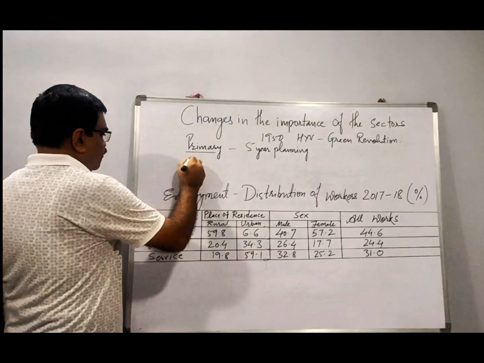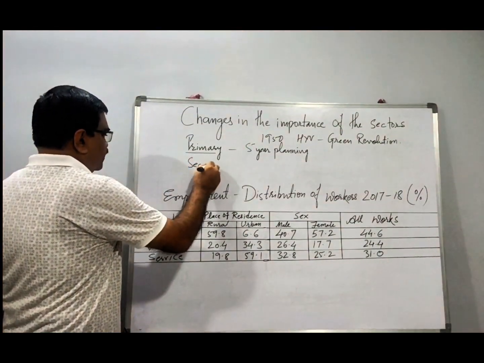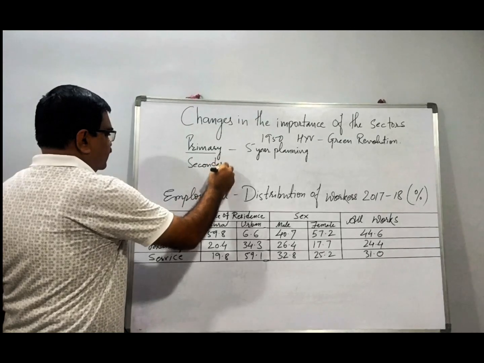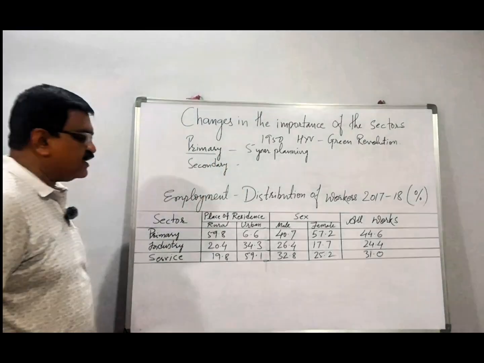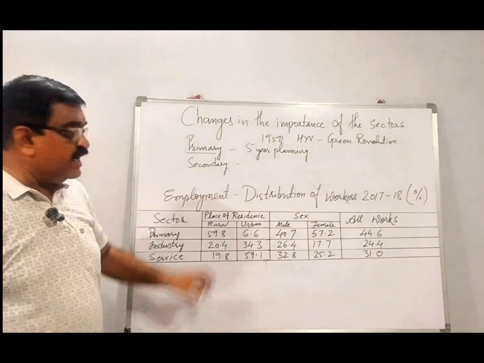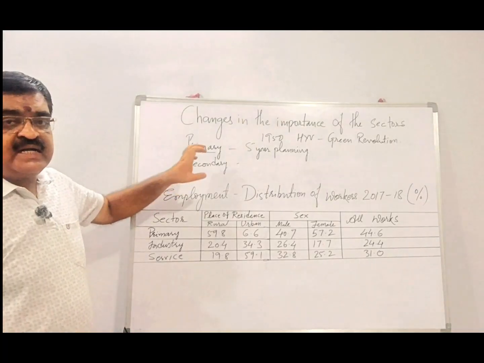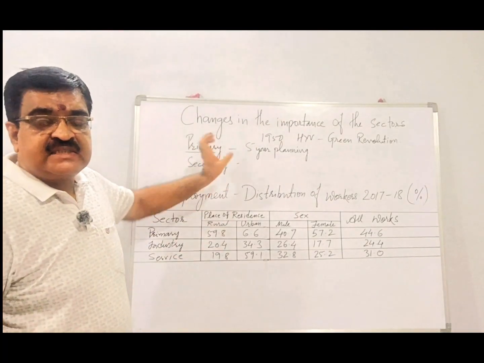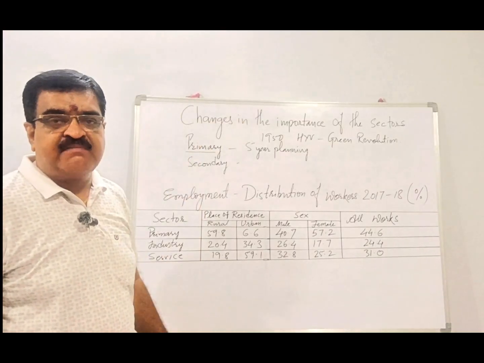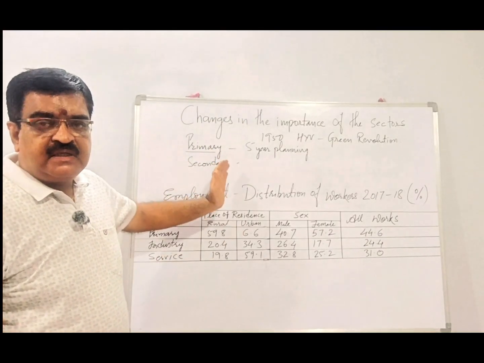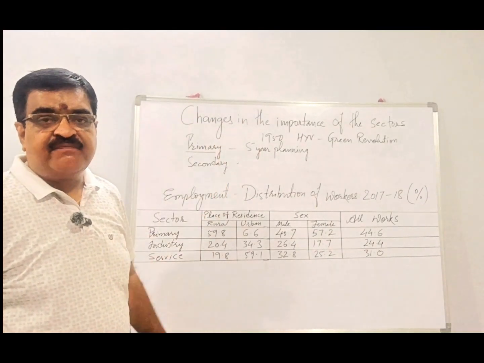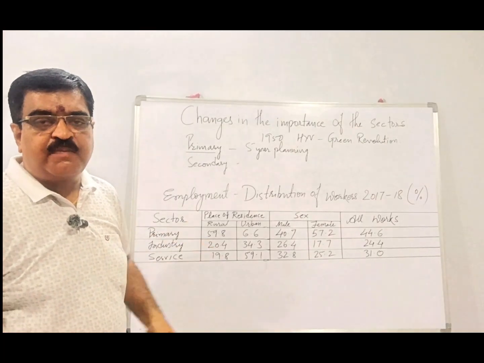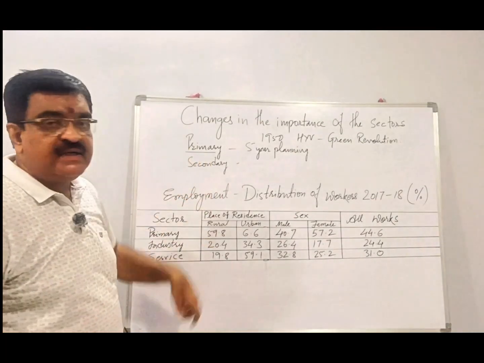Next, for the secondary sector also, the government has paid more attention and has improved the condition of the industries. The government has constructed many multi-purpose dams to produce more and more power and to supply to the industries.